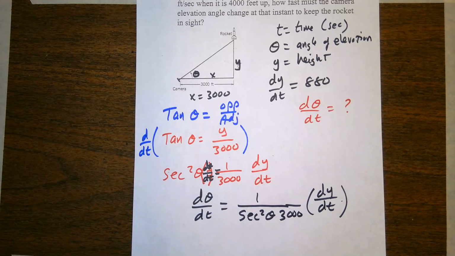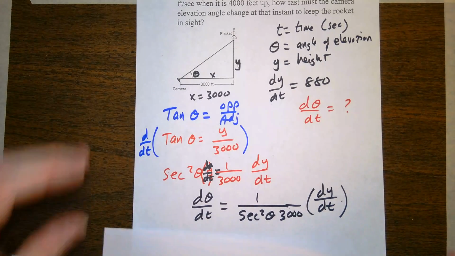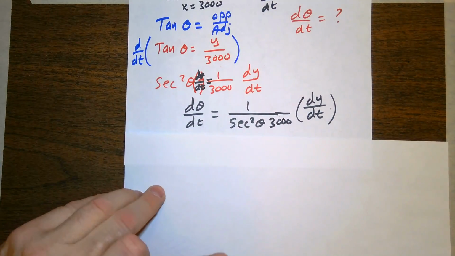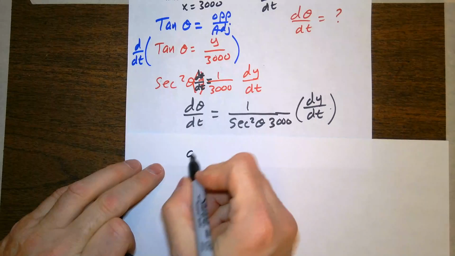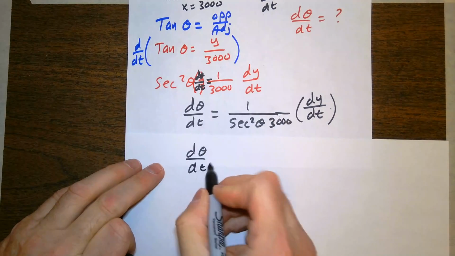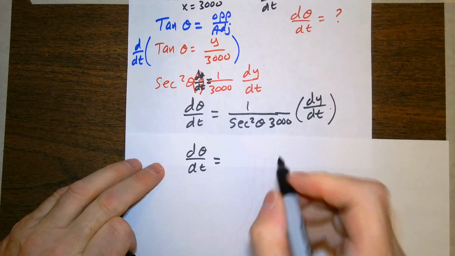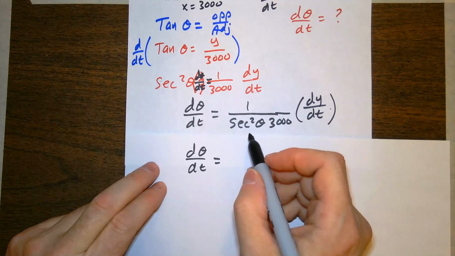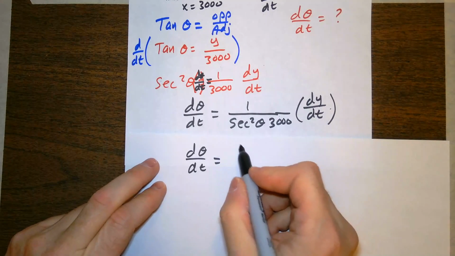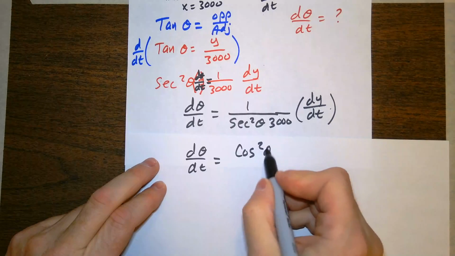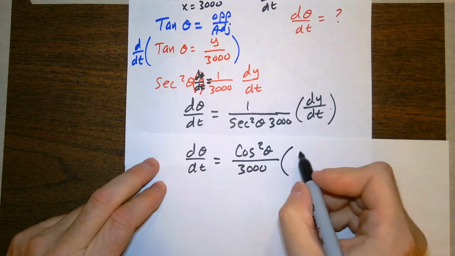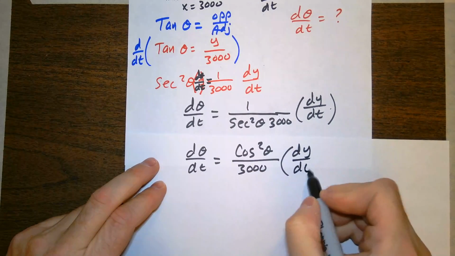The reciprocal formula. What is 1 over secant squared? We know that is cosine. So d theta/dt, the rate of change of the angle, is cosine squared theta over 3,000 times dy/dt.